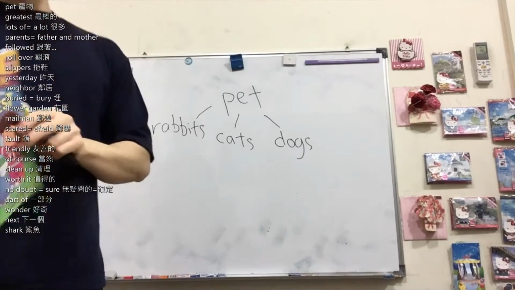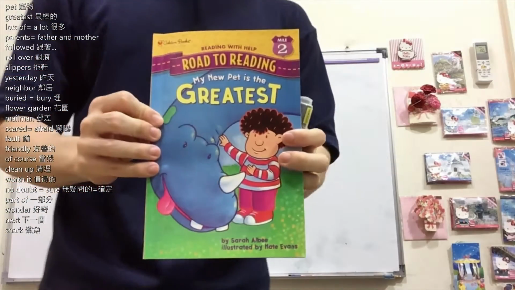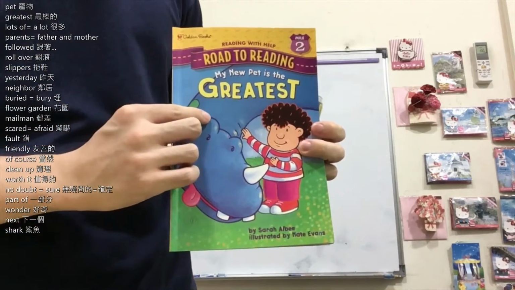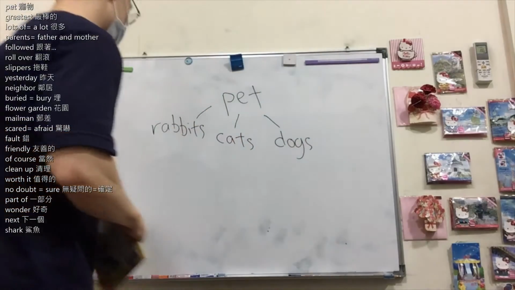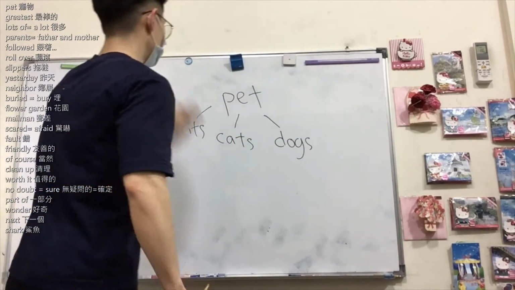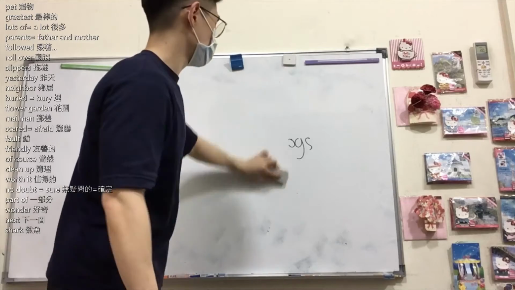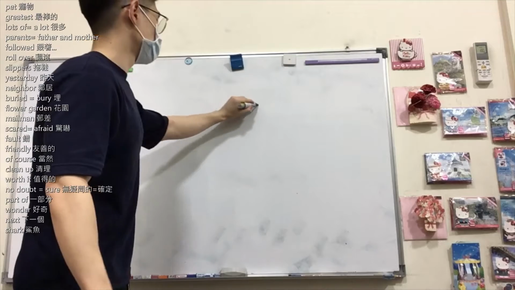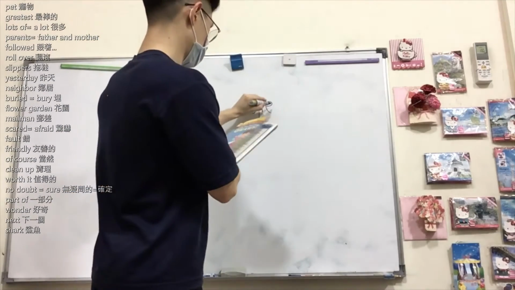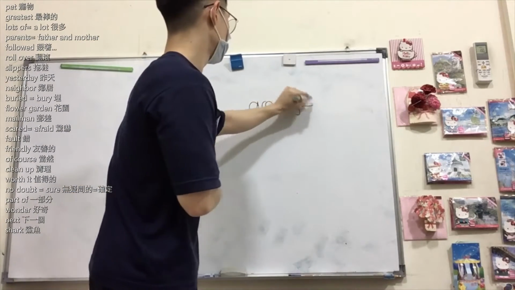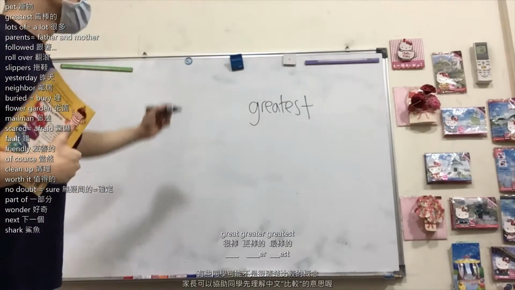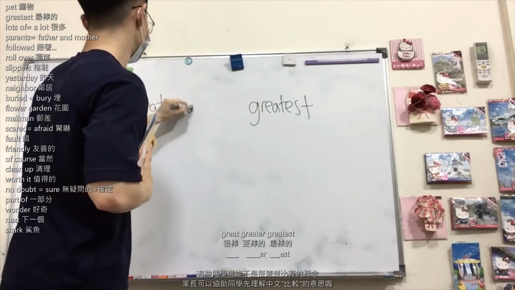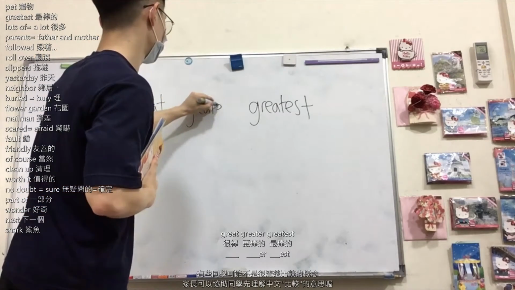Now, before we go through the book, there's a new word at the front of the page, and the word is greatest. I would like to tell you what the word greatest means.